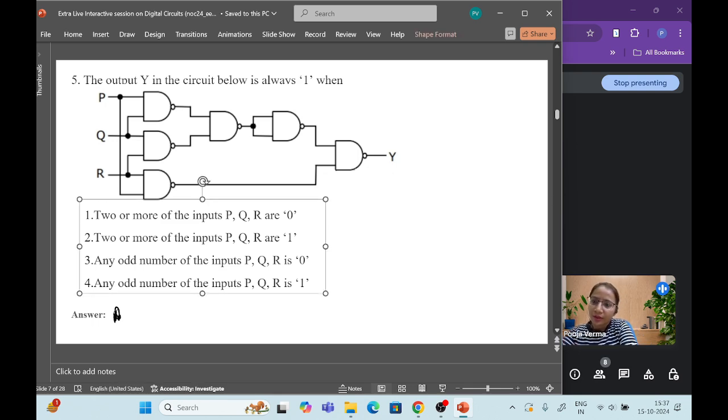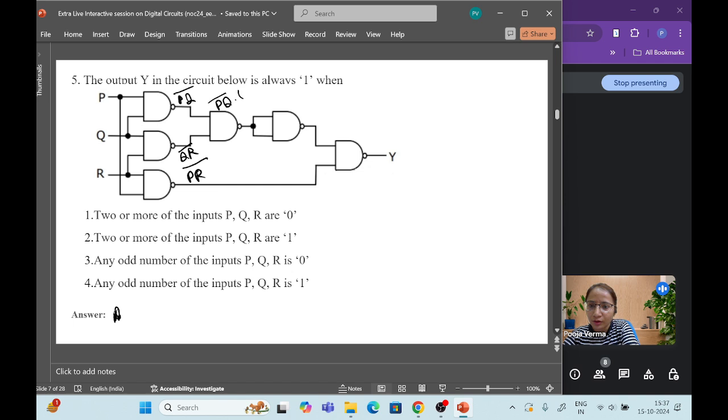So what will be the logic expression here? Here it is PQ dash, here QR dash, and here PR dash. So PR dash, here PQ dash into QR dash, full dash, right?